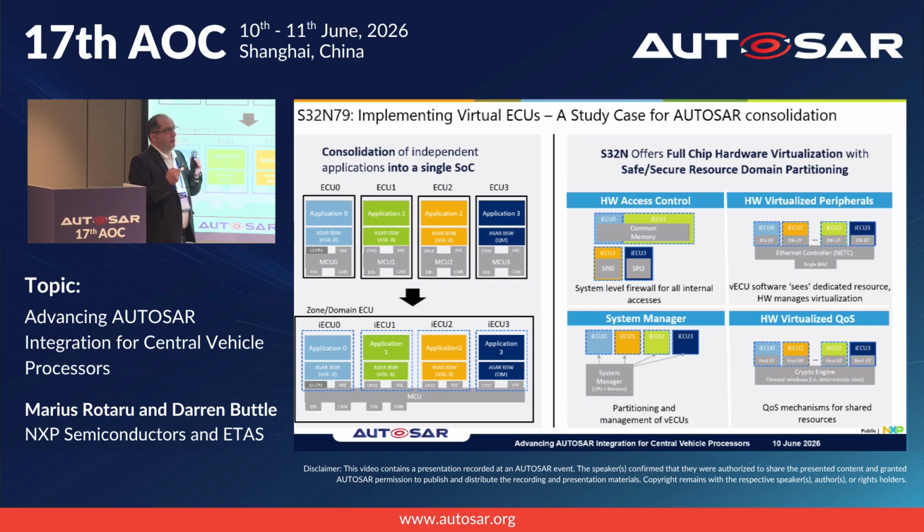In other words, we innovated in hardware, creating the hardware in such a way as to minimize the interference between the workloads and to keep the quality of service and the deterministic behavior. We created hardware virtualized peripherals. This is an example for an Ethernet controller, but there are many other peripherals we'll talk about later, which provide quality of service.